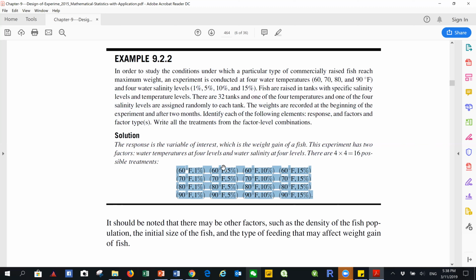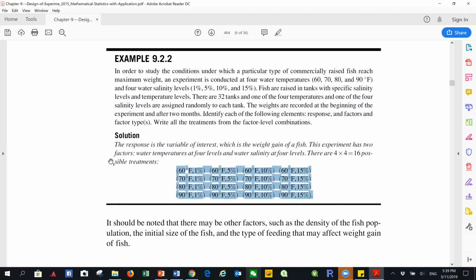So we have a combination of 16 treatments. Each of the 2 factors has 4 levels, so we have 16 treatments.